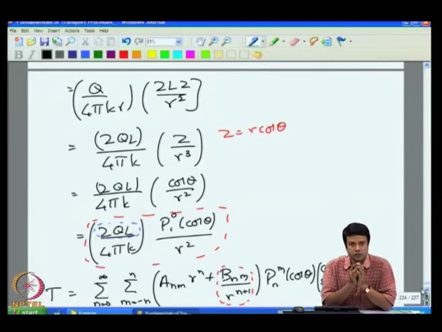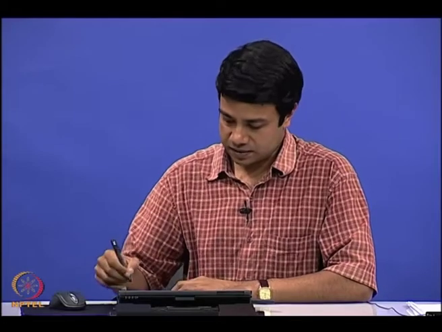So, you get a dipole when you have a source and sink, the separation between those two goes to 0, the amount of heat generated or absorbed goes to infinity, the product of the two remains finite. In that limit, you get a dipole. The temperature field for that dipole decreases as 1 over r square when you go far away. Okay. And it can have 3 different alignments. One is along the x, the other is along the y, and the third is along the z axis.